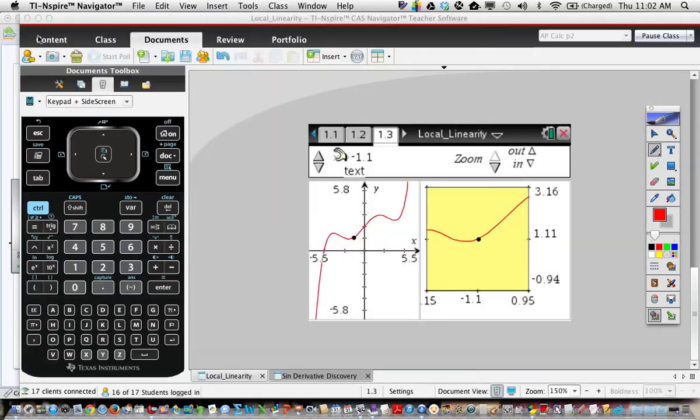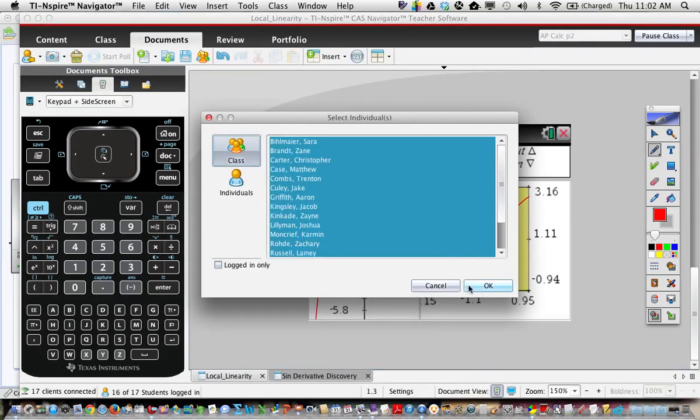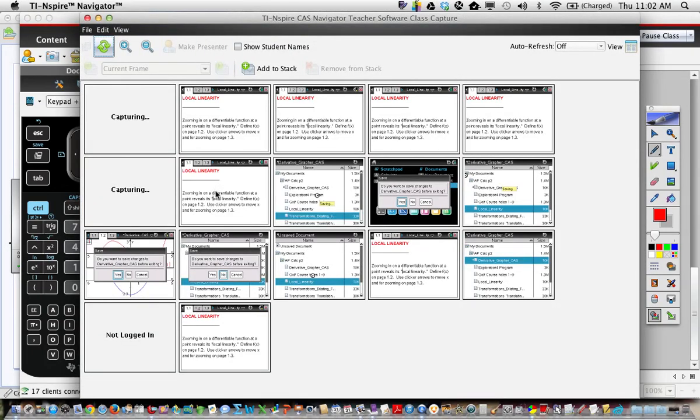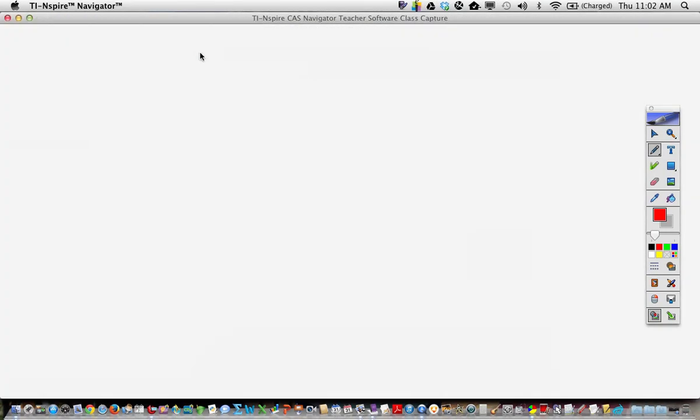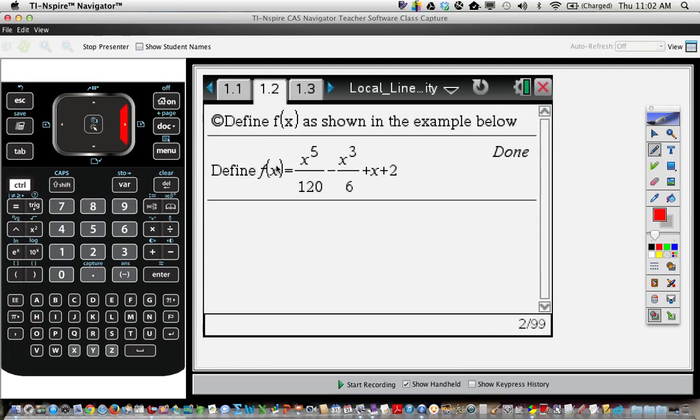All right, go ahead and go to the third screen. I think it's the third one.